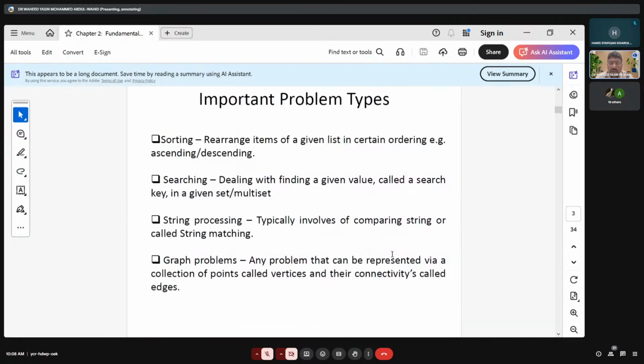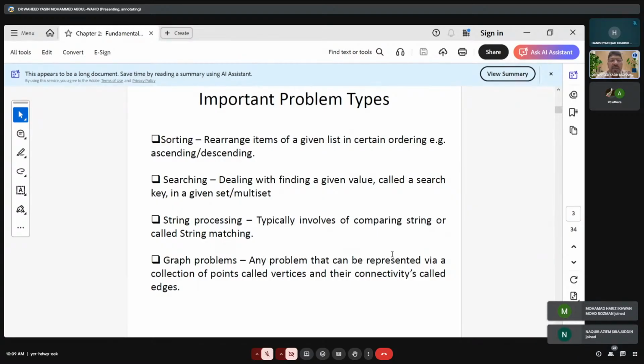So we will continue our topic of fundamentals of algorithms. Here are the important problem types. Sorting: rearranging items of a given list in a certain order, for example ascending or descending.